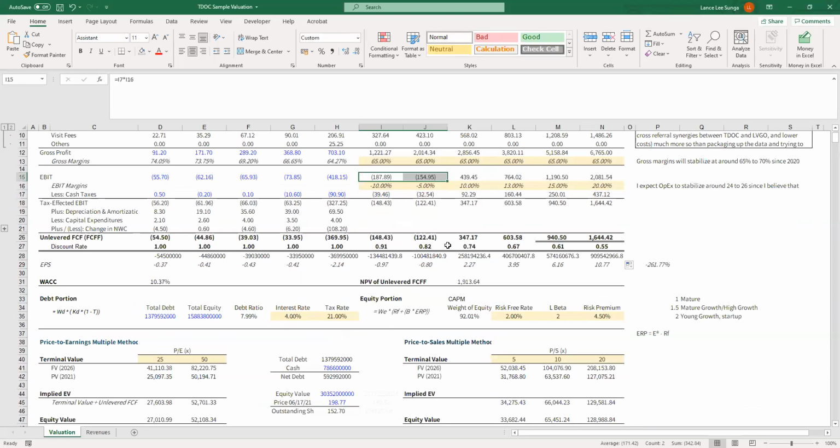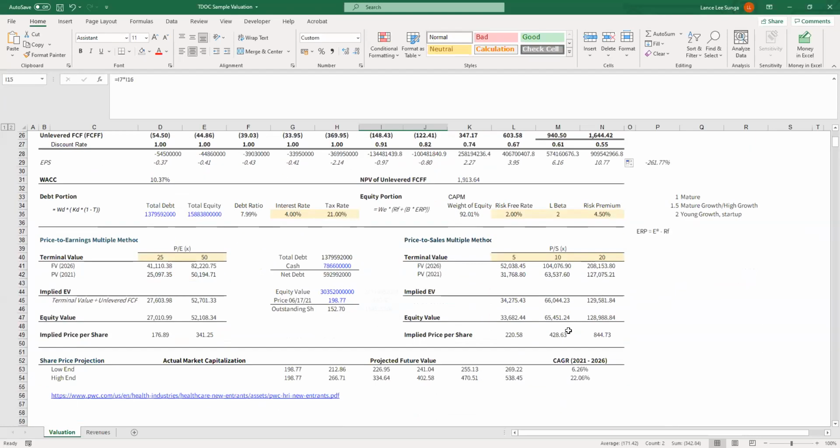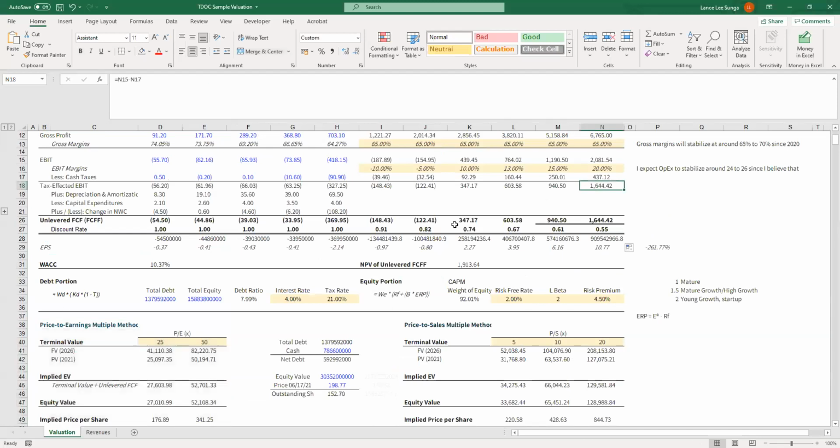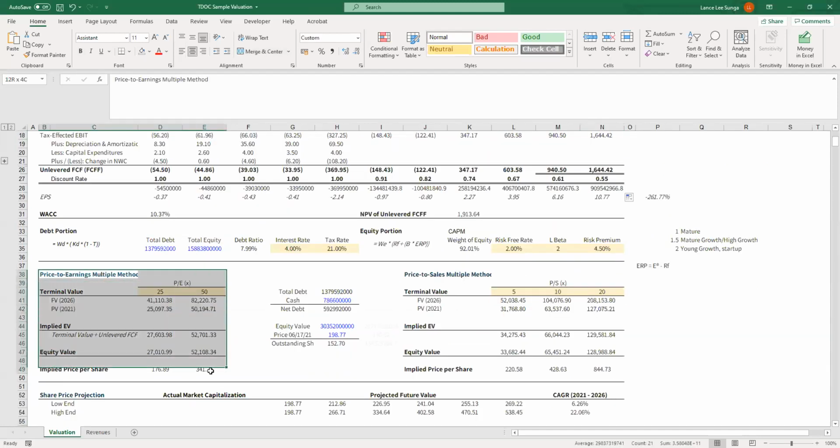So you can use the price to sales method if your company's not netting an income yet. But if your company is netting an income or is expected to, you can use the price to earnings multiple to arrive at the price per share.